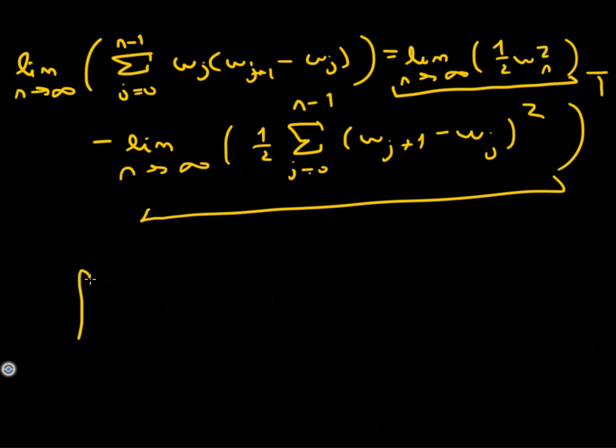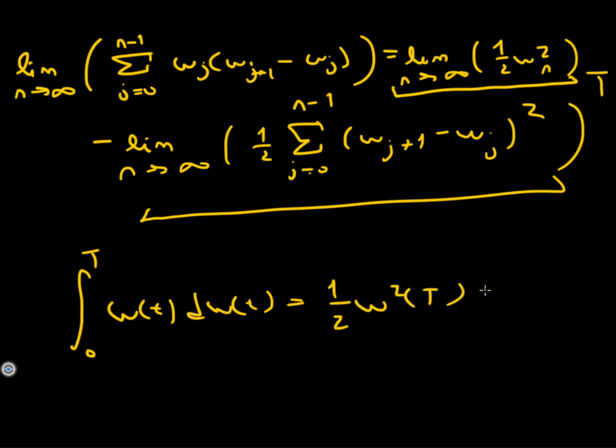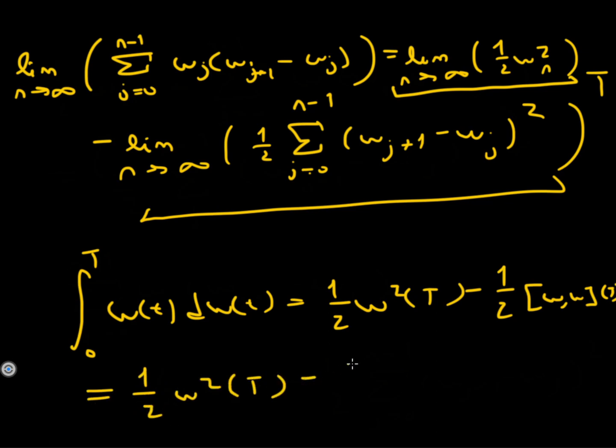So what we have is that the Ito integral from 0 to t of omega t d omega t will give us 1 over 2 omega squared t minus 1 over 2 the quadratic variation of the Brownian motion. Now what was the quadratic variation of the Brownian motion? It would be t. So what we in fact have is this.